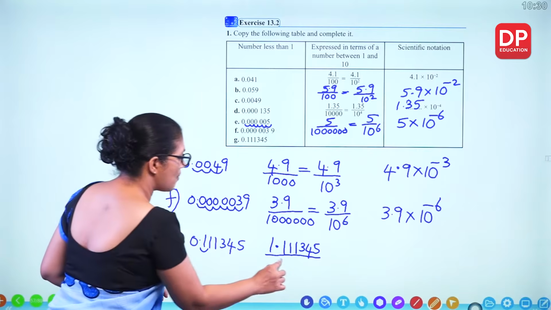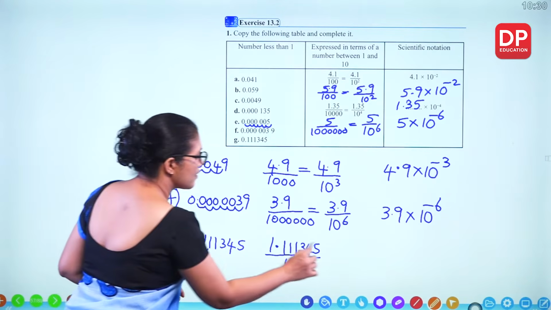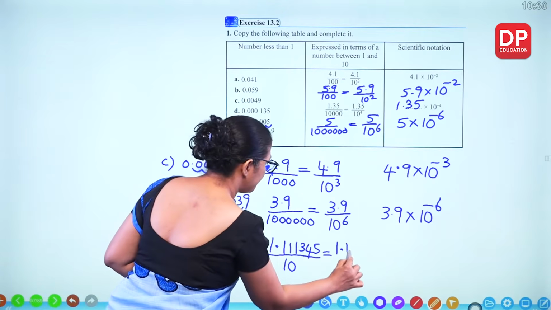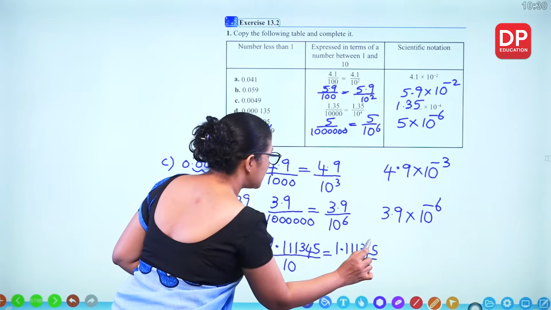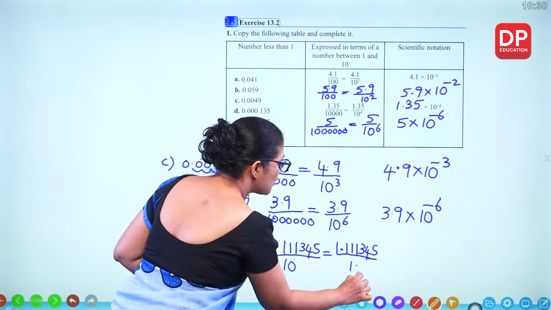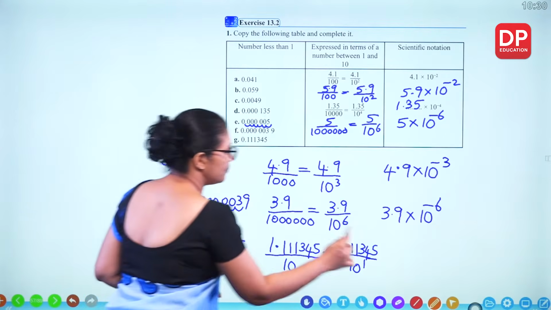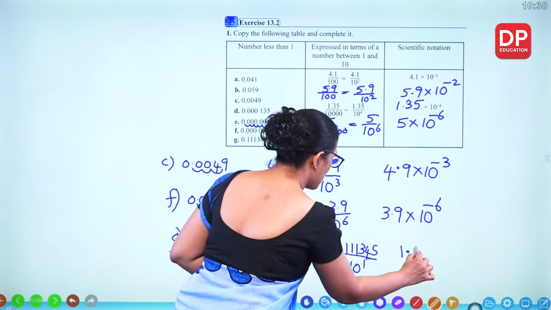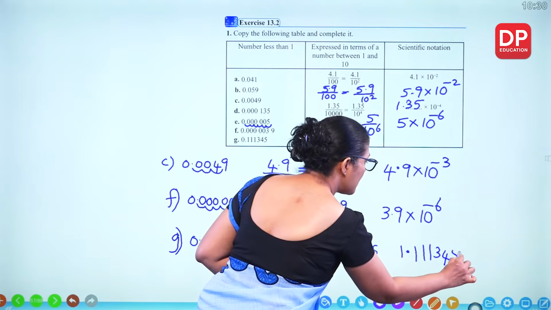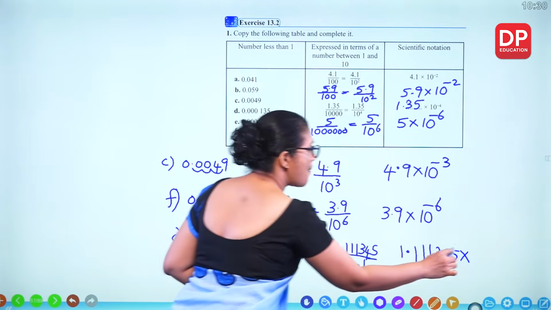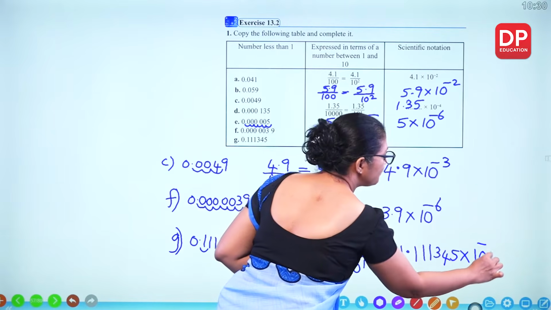Only one place we are moving. Divide by 10. So this is same as, this is divide by 10 to the power 1. So what's the scientific notation? 1.111345 10 to the power minus 1.